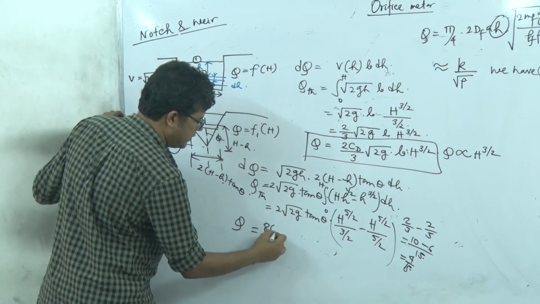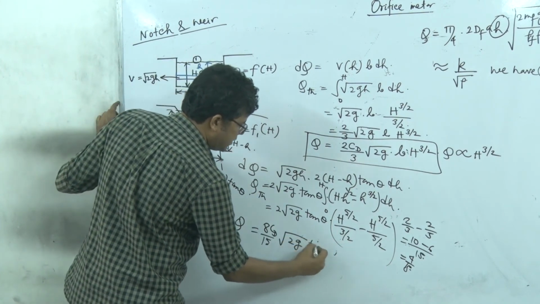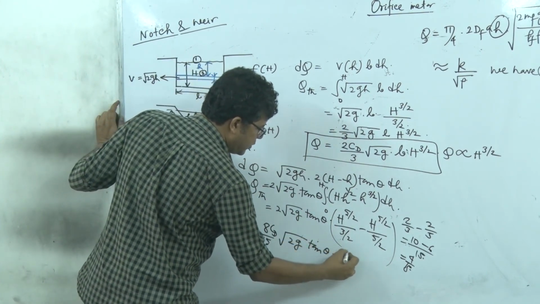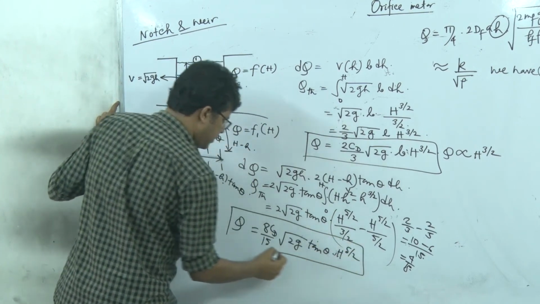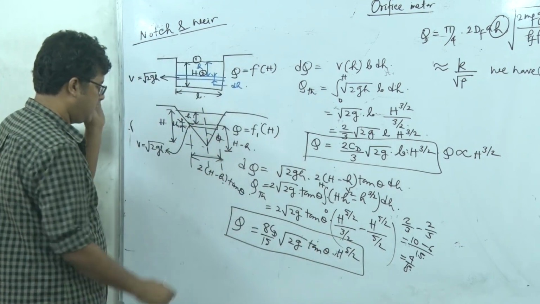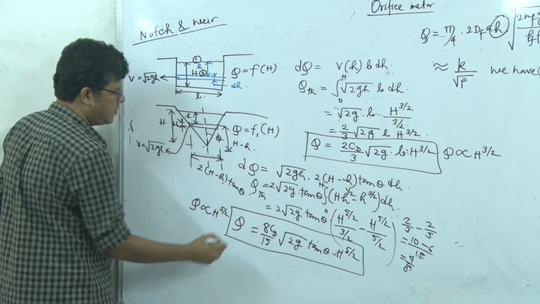So the actual flow rate will have a discharge coefficient into root 2g tan theta into h to the power 5 by 2. Right? So this is for the triangular notch, and Q here is proportional to h to the power 5 by 2.